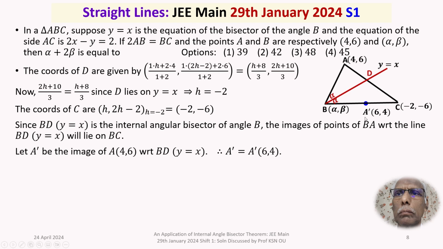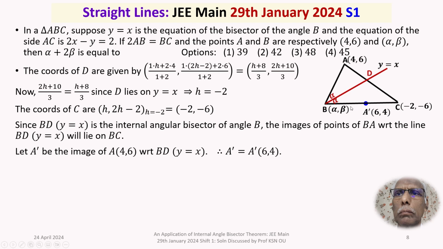Now things are very clear. Now I will find out the equation of BC. What is the equation of BC? It is none other than the equation of A prime C. We will write down the equation of A prime C using the 2-point formula and use the fact that this equation is the same as the equation of BC, and it is passing through alpha comma beta.